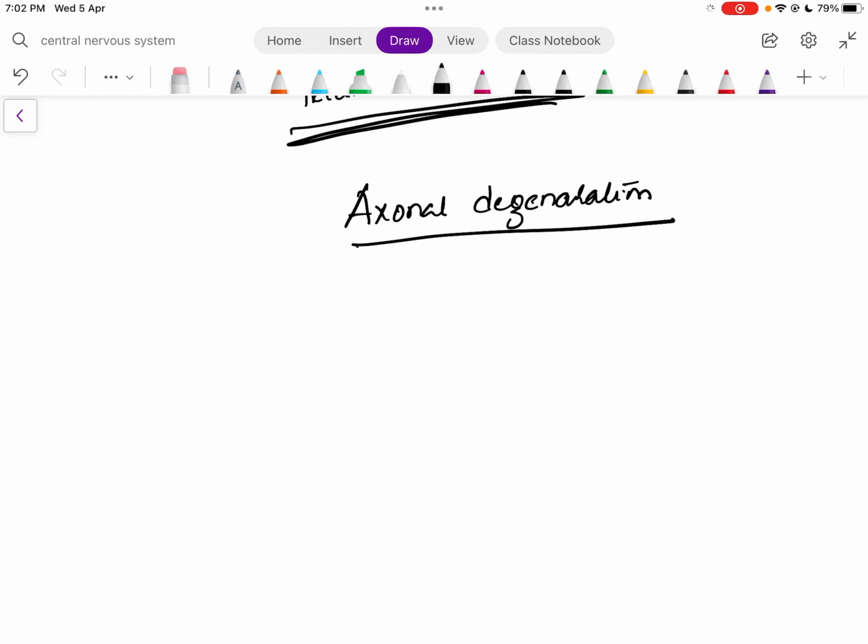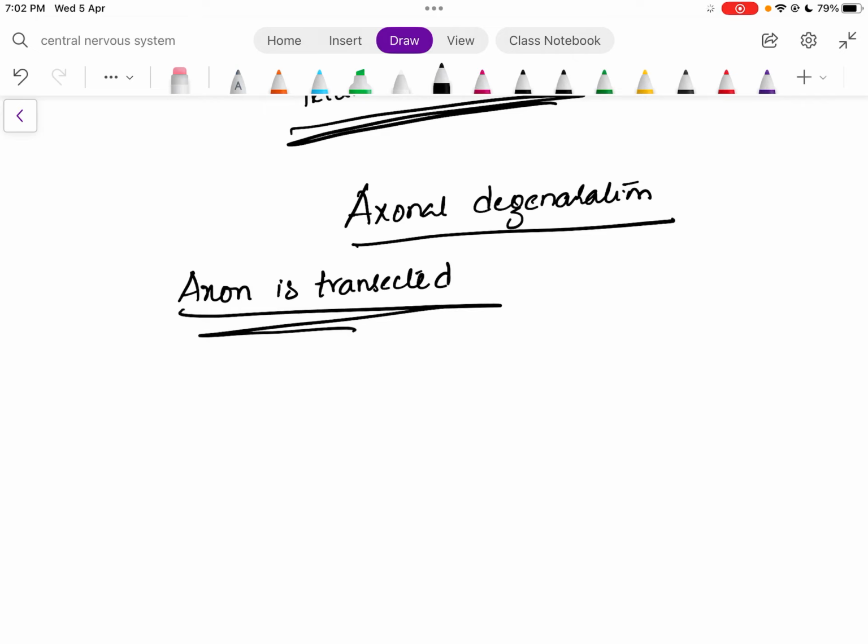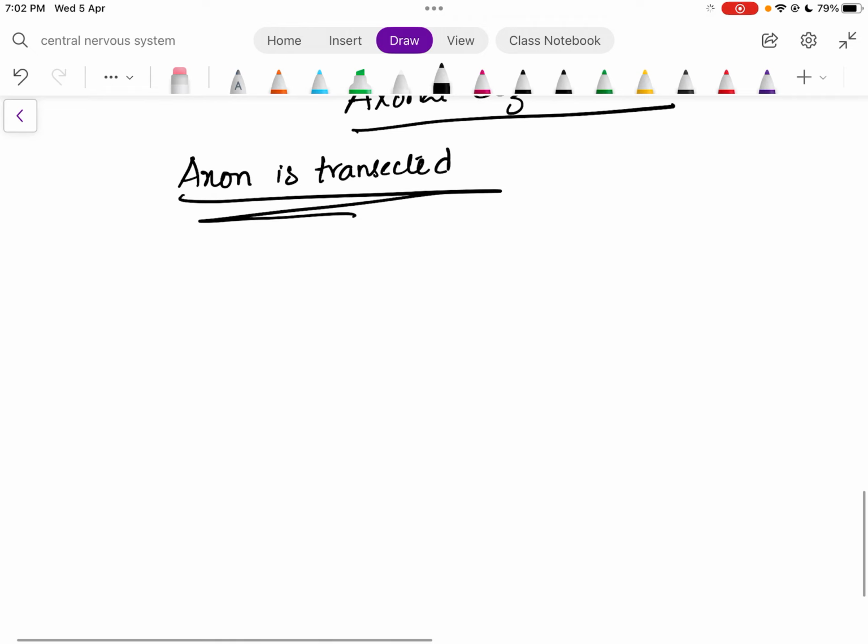Whenever there is an injury, like whenever an axon is transected, what will happen? In a neuron, we have the soma. What will happen to the soma? That is the cell body. The cell body will show chromatolysis.